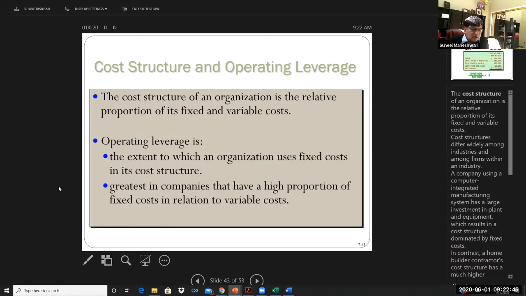If a company has a higher proportion of fixed cost, it is at a higher risk when the downturn comes. And that is why we call it highly leveraged company. It has a higher amount of debt and it has to service the debt. It is obligated to serve the debt first. So operating leverage is the extent to which an organization uses fixed cost in its cost structure.